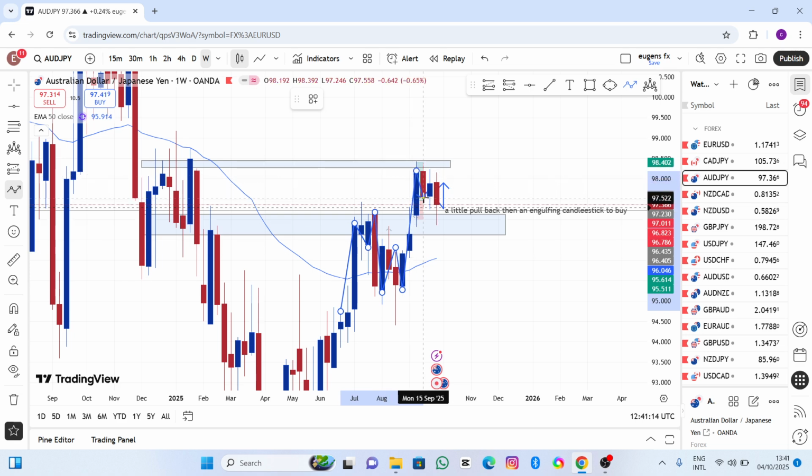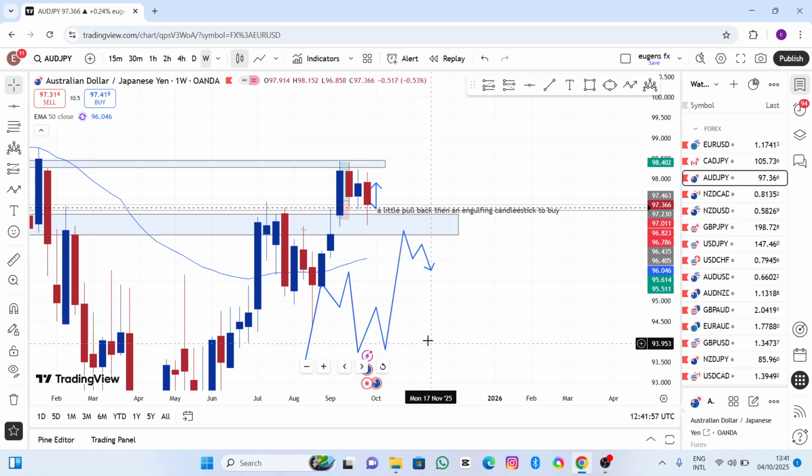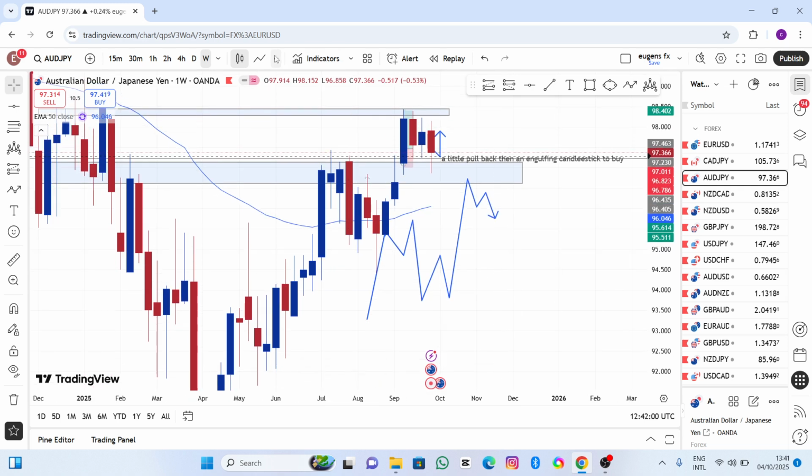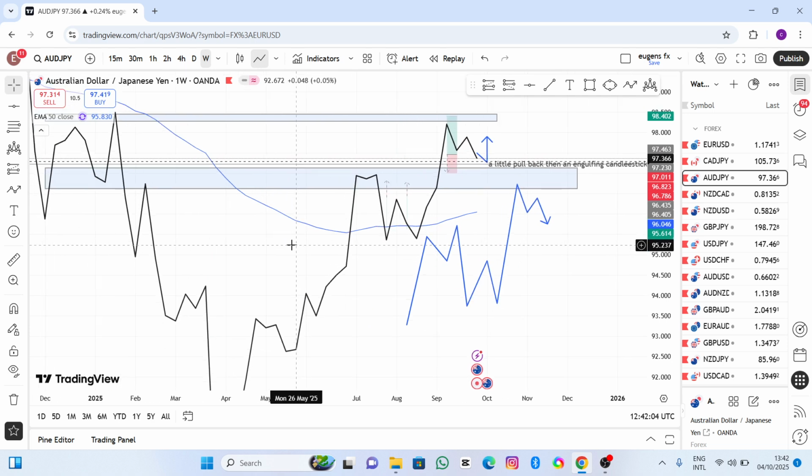You can see the market shifted bullish at this point here. Now we are retesting our area of interest. So this is what the price action looks like. Clearly here the market is bullish.